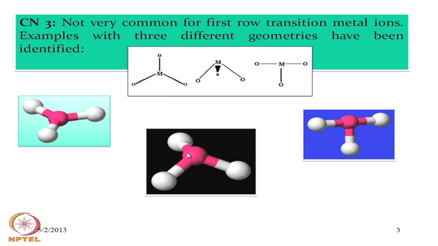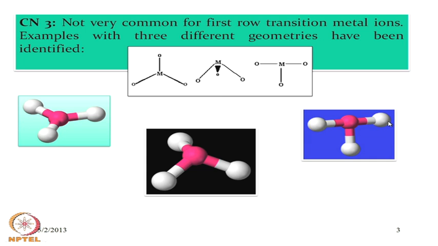If this is a pyramidal structure, we get around 105 degrees, but when this is T-shaped, we get two types of bond angles. So, the metal ligand bonds are different. This L-M-L angle is 90 degrees, this L-M-L angle is also 90 degrees, but this L-M-L angle is 180 degrees.